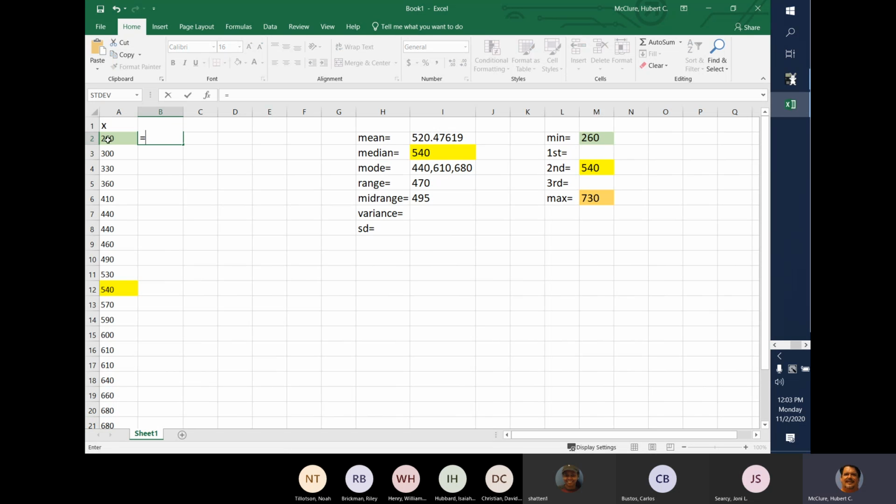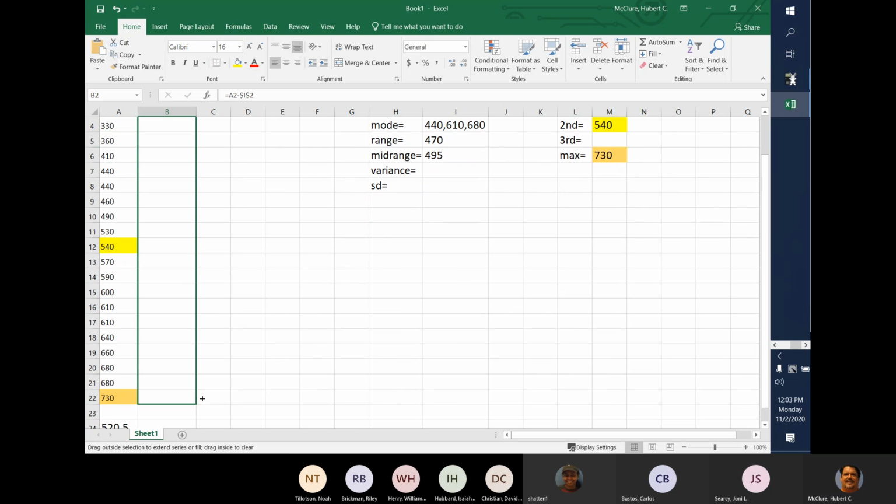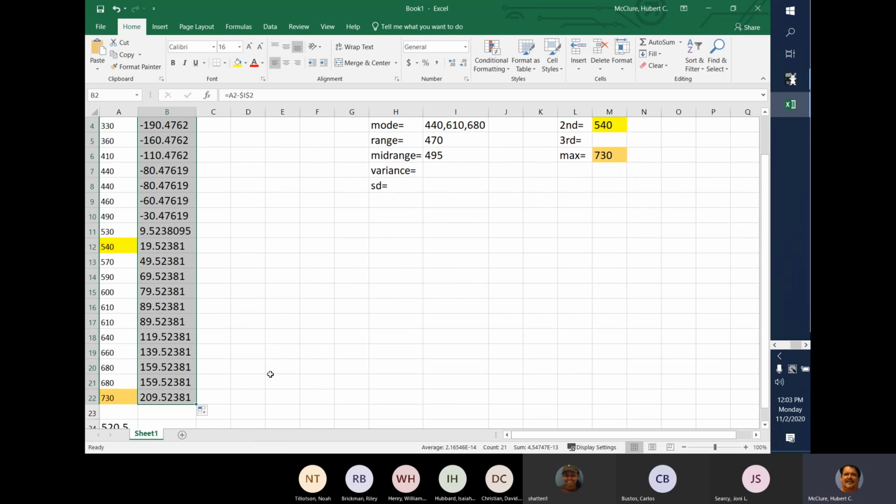I take that 260 and I subtract that number right there, 260. No, I'm sorry. That number right there, 520 point blah, blah, blah. And enter. We'll make it a little bit bigger so we can get all the digits in there. And there are those numbers.